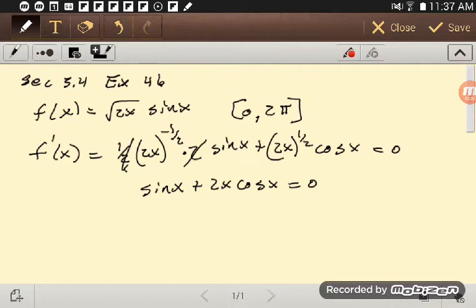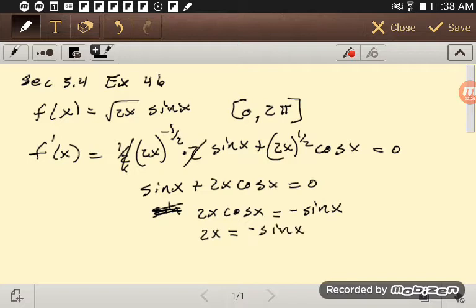Actually, I'm going to do it the other way. I've got 2x cosine x equals negative sine x. And so then I could make this 2x equal to minus sine x over cosine x.